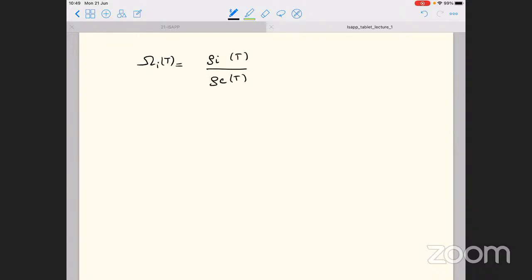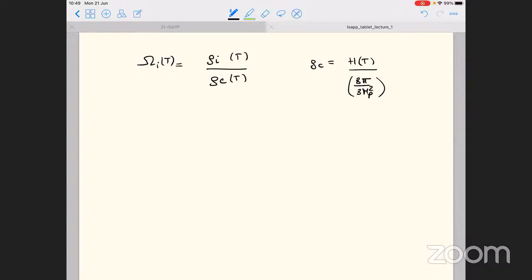And the critical energy density is just the one given by the Hubble rate, that is also a time-dependent quantity, rescaled by the usual 8 pi over 3 m Planck squared prefactor. Okay, so omega has no dimension. It's just a rescaled energy density.